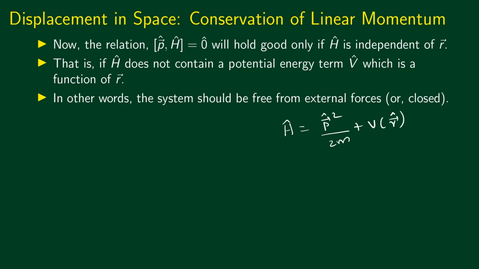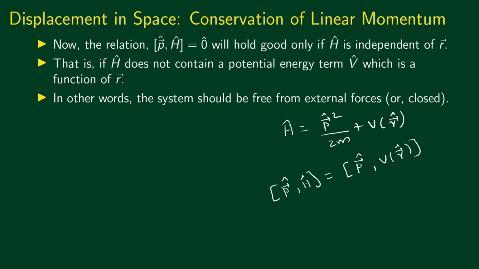And when you calculate the commutator of P with the Hamiltonian, the contribution from the first term is automatically 0 because every operator commutes with itself. So this commutator boils down to the commutator of P vector hat with V of R vector hat.